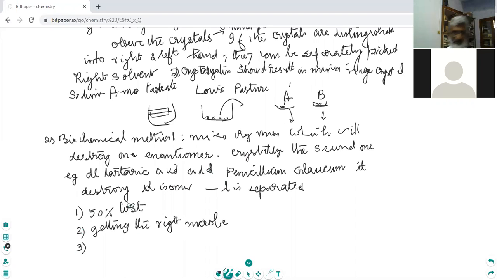So this is the second method, the biochemical method. This is also not practical on a large scale.